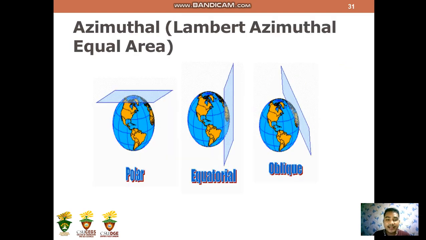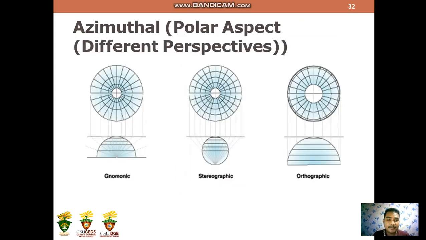An example of the azimuthal is the Lambert azimuthal equal area. It has different perspectives: polar, equatorial, and oblique. And there are different polar aspects in different perspectives. There is the gnomonic perspective in projecting azimuthal.